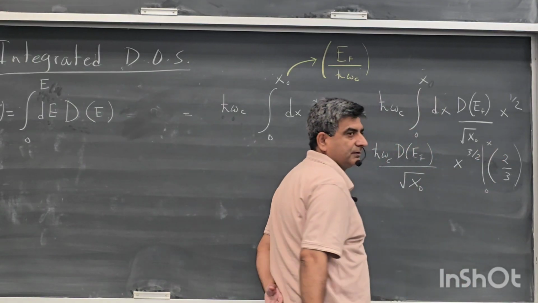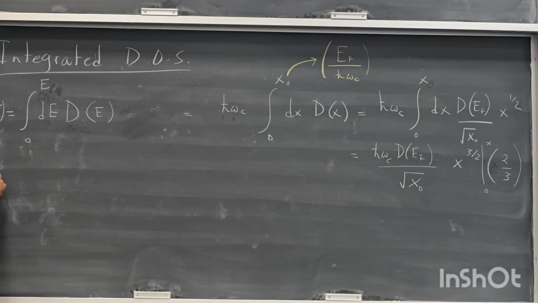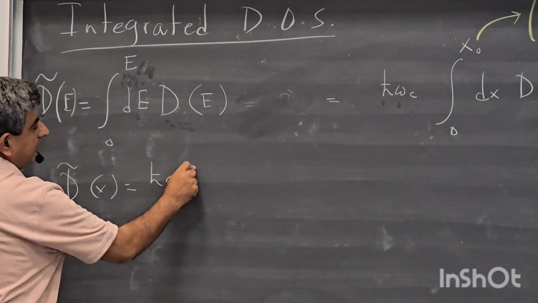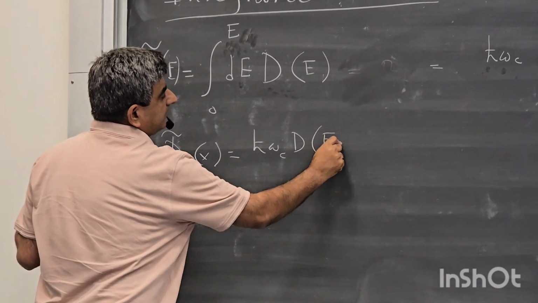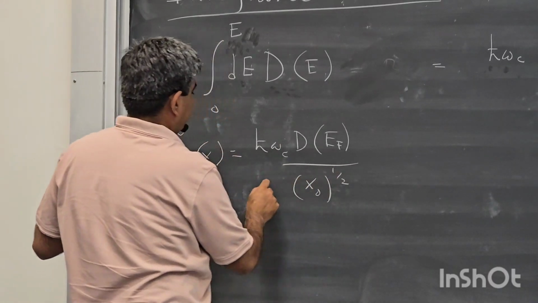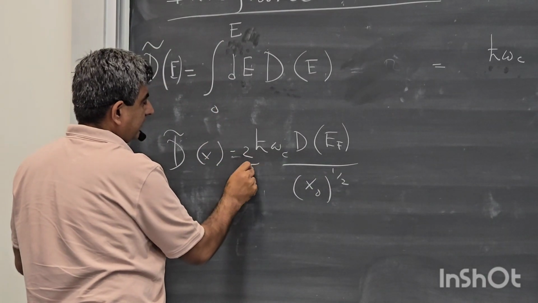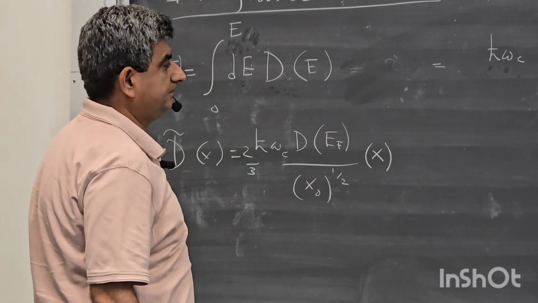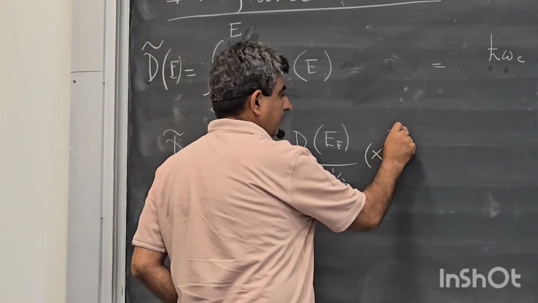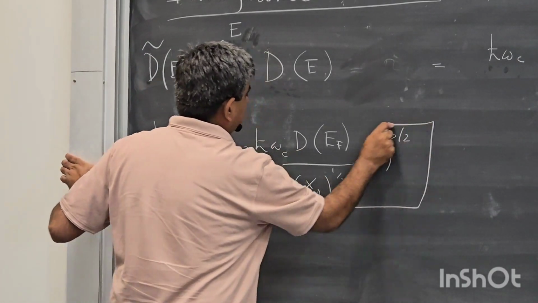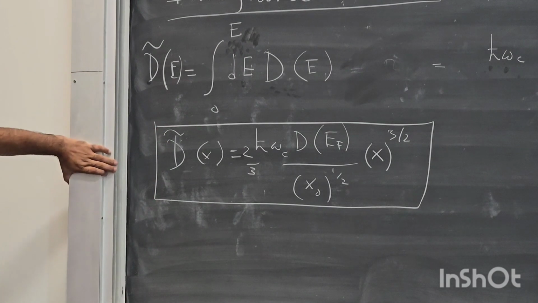So this becomes the integrated density of states as a function of x: h bar omega c, d EF, some scalar, over x naught to the power 1 by 2, there's a 2 by 3 here, and I have x to the power 3 by 2. This is my integrated density of states in the absence of a magnetic field.